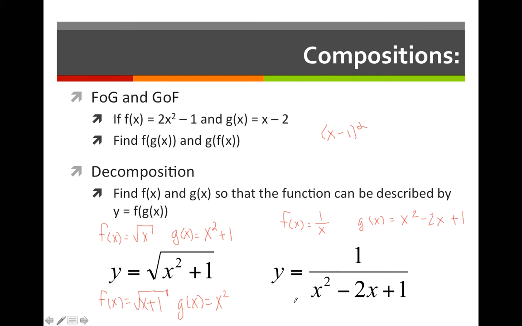Which means if I wanted to, f of x, the outside function, could be 1 over x squared, and g of x could be x minus 1. So I'd plug in x minus 1, I'd square it, I'd get this denominator again. So again, two different ways I could have written this decomposition. All depends on which one you feel more comfortable with. Obviously, the first way is the easier one.